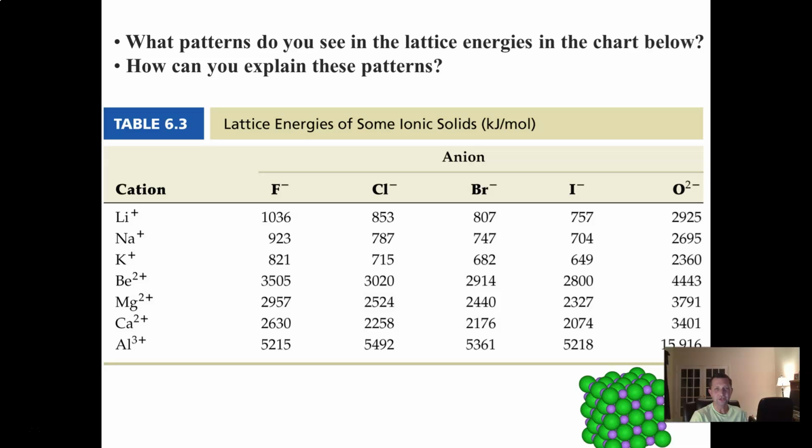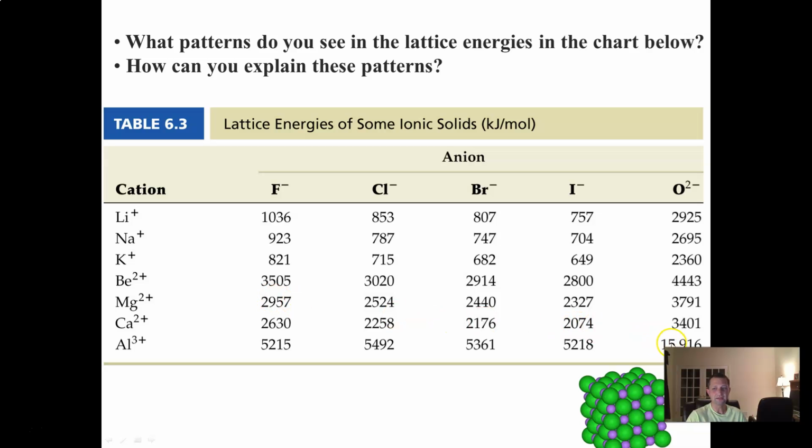So here's a chart of lattice energy. What patterns do you see, and how can you explain them? Try to see some trends here. A couple of things jump out at me. There are some big numbers here for aluminum, way bigger than these.